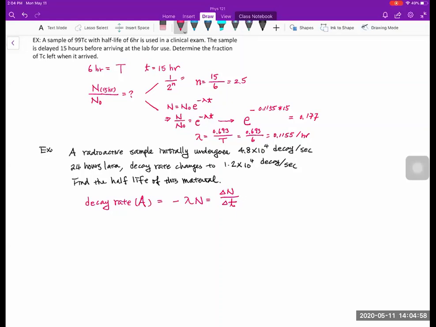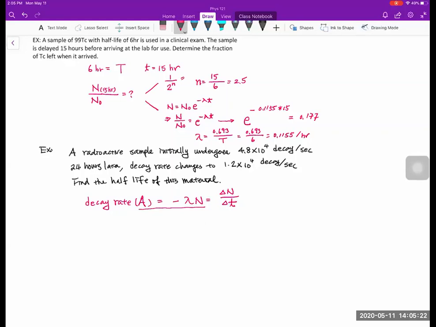How do we find the half-life? Do we have a half-life here? No. So how do we find this?